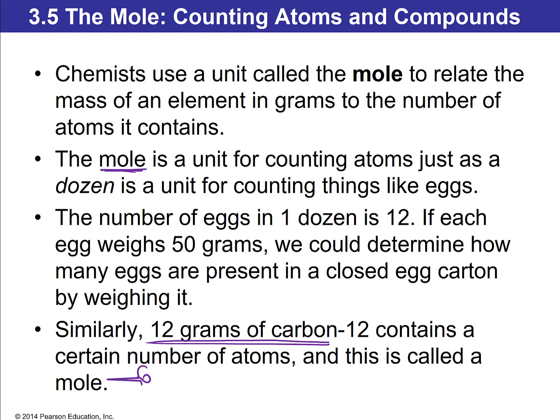So what is known as the formula mass, it is just the mass of the atoms added up based on the formula. That in grams is equal to 1 mole.